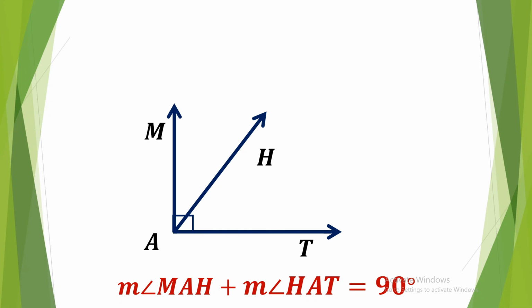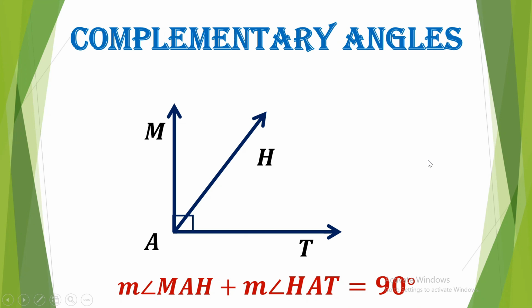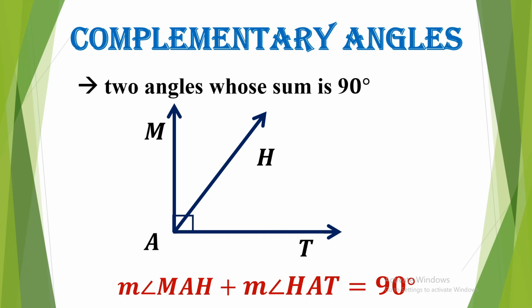Now, if the sum of two angles is equal to 180 degrees, we call them supplementary angles. But if the sum of two angles is equal to 90 degrees, then we call them complementary angles. By definition, these are two angles whose sum is 90 degrees.